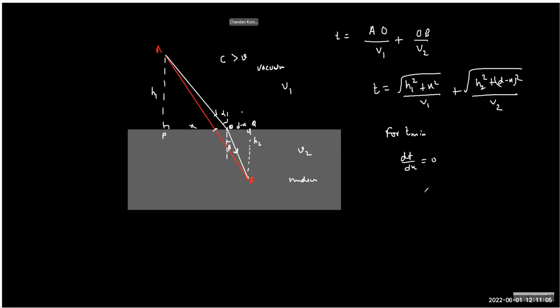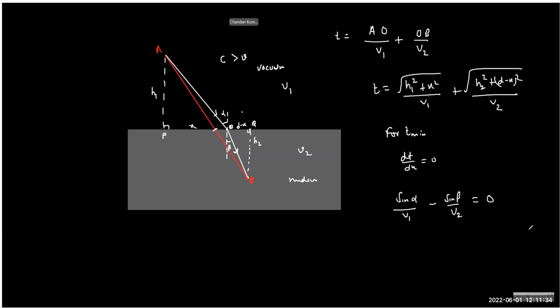If you differentiate, I can directly add the sine alpha, because if you remember, earlier we got sine alpha as the first term after differentiation. But V1 will also be there because you cannot take V1 common and cancel. You get sine alpha upon V1 minus sine beta upon V2 equals 0. Is this clear?